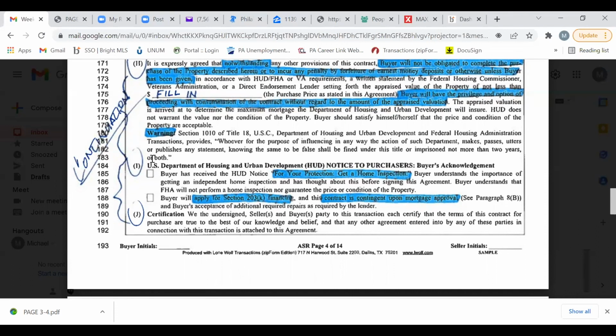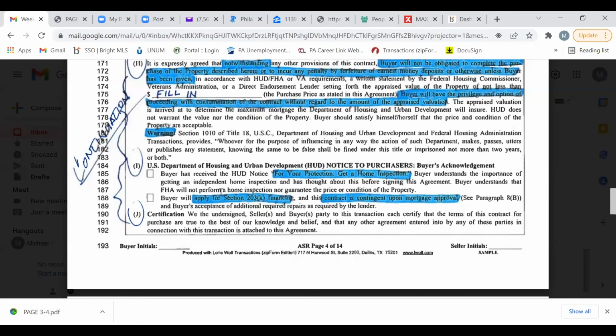So there's a pamphlet there, and I know we have it in PDF and the paper pamphlet downstairs in the mailboxes that you can give to a client. So if you're doing an FHA or VA deal, check mark that. That's your advice that you told your client to get a home inspection and the benefits of it.